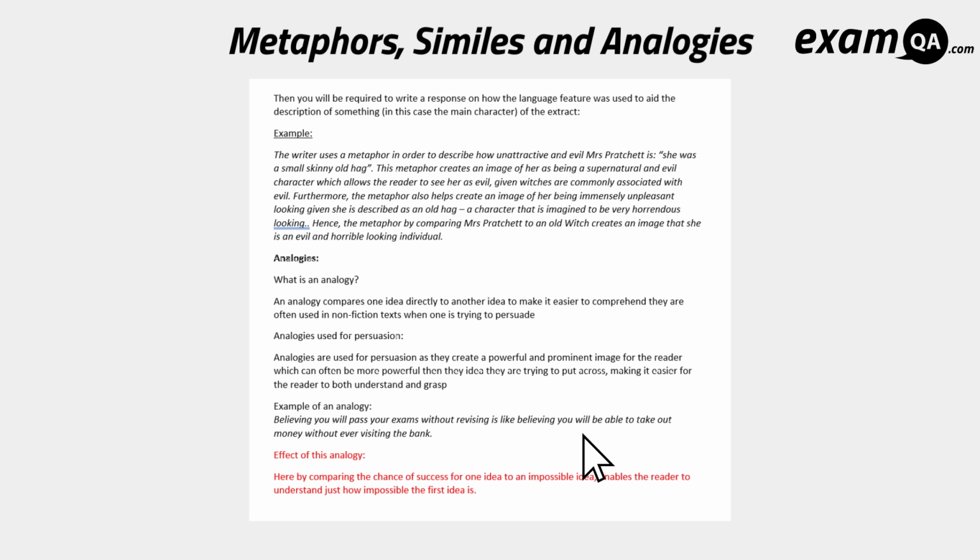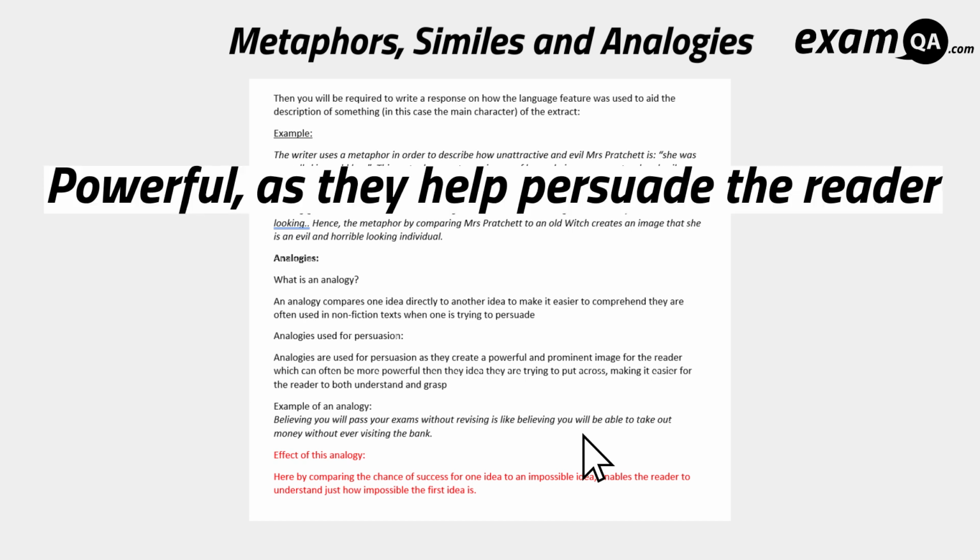So therefore, by using this impossible idea, it helps the reader understand the initial point the writer is trying to make, that believing you will pass your exams without revising is like believing you'll be able to take out money without ever visiting the bank. So hence, they are trying to prove that the initial idea, being able to pass your exams, is impossible.